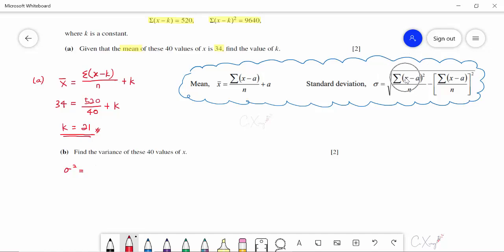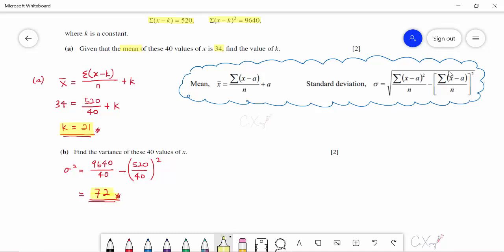It should be summation of x minus a squared, which is summation of x minus k squared in our question here, 9640 divided by n, which is 40, and minus the summation of x minus a, which is 520 in our case, divided by 40, and you have to square this whole thing here. The variance value that you get should be equals to 72.